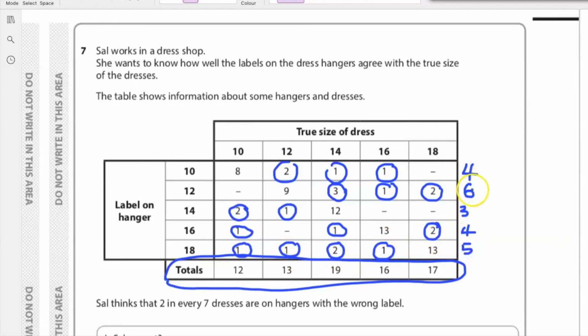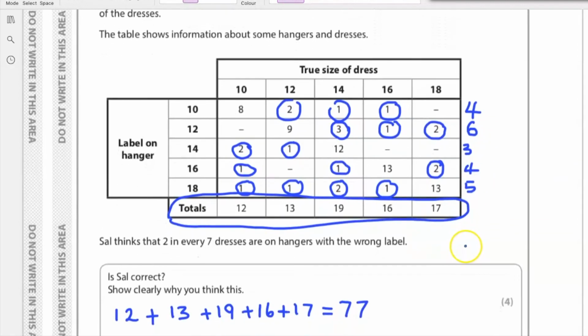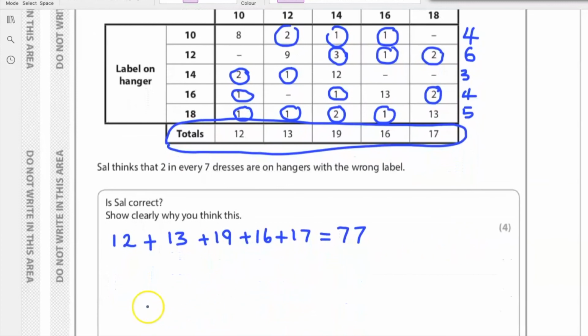So we need to add all these numbers together. 4 plus 6 plus 3 plus 4 plus 5. Put this in your calculator and you get 22.